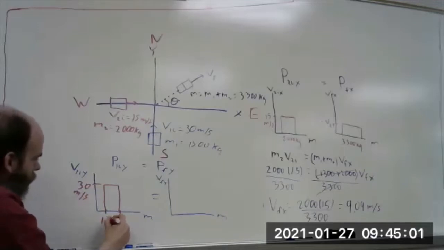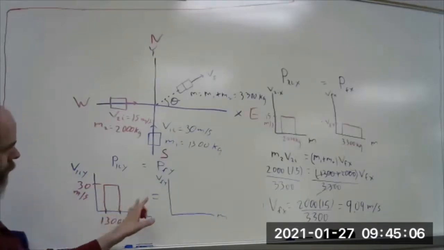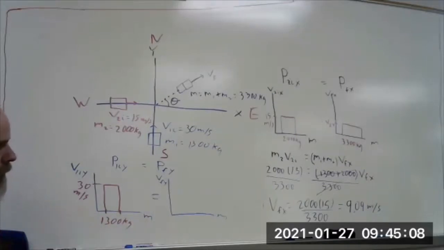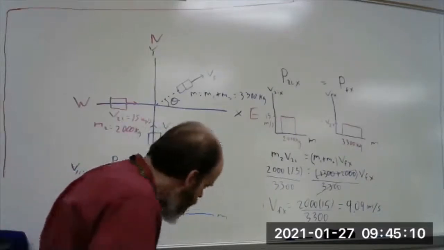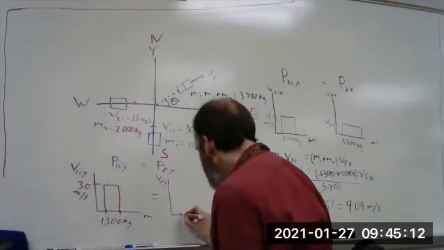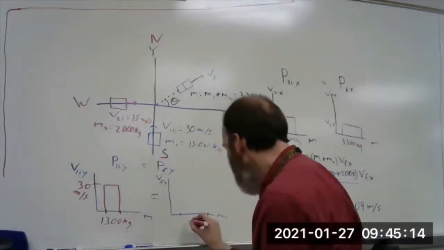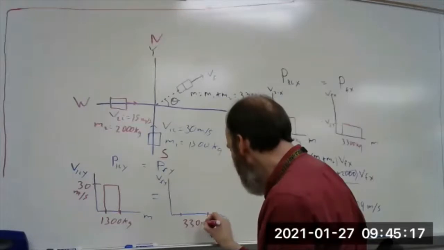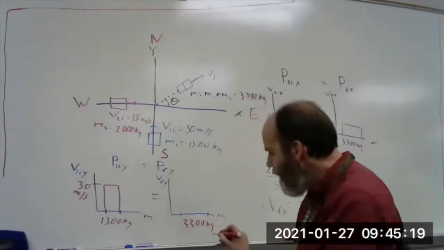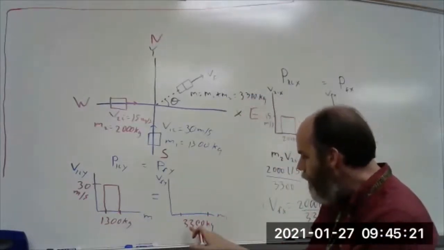And this width is 1,300 kilograms. And then the final mass is 3,300, so we got something much larger here. Let's say it's like that. This is 3,300 kilograms, so we got a larger width.